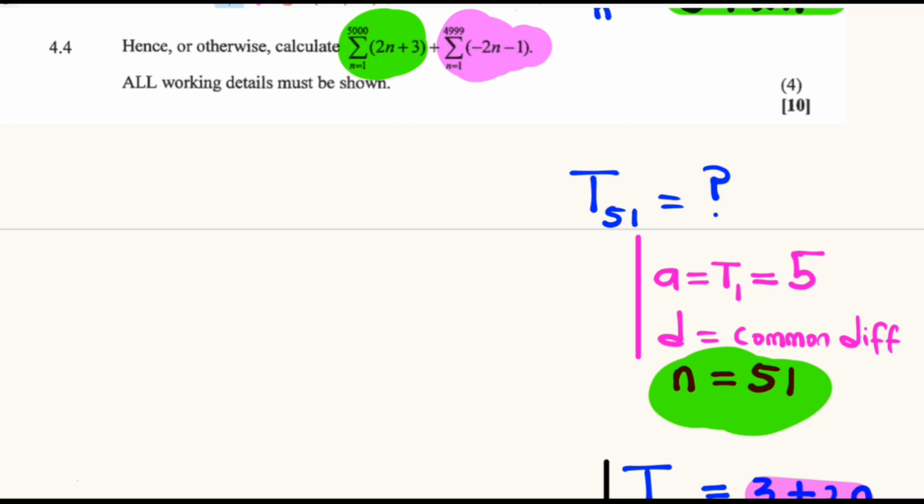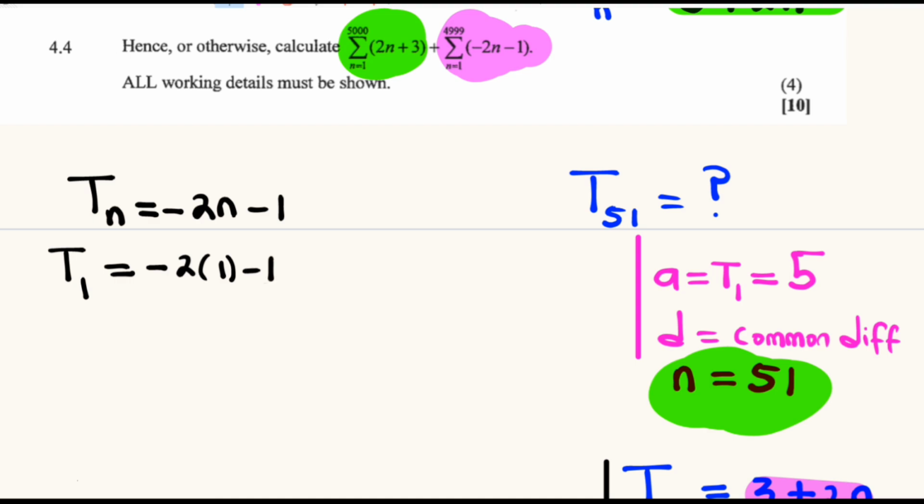So the Tn of the second part is equals to negative 2n minus 1. So in determining term number 1, where there is n, we substitute 1, and the negative 2 multiplied by 1 will be negative 2 minus 1, and this will be equals to negative 3.